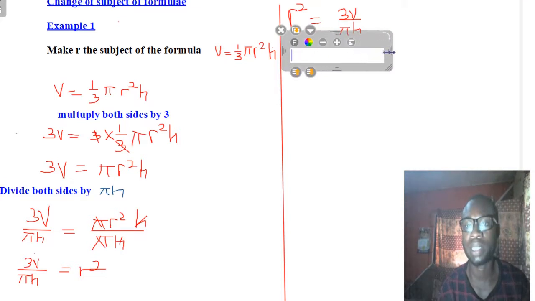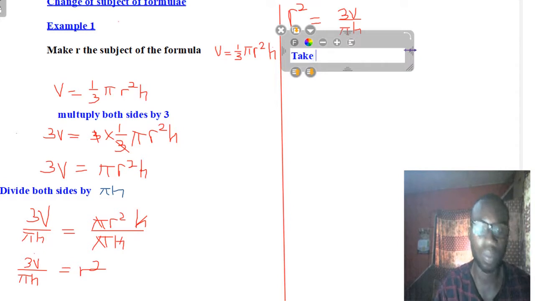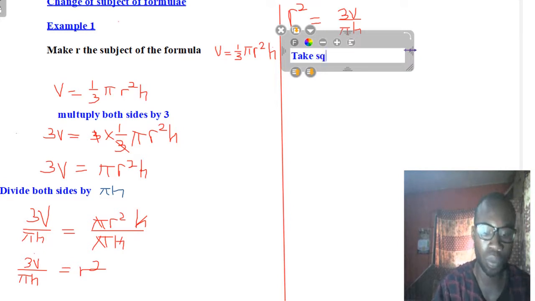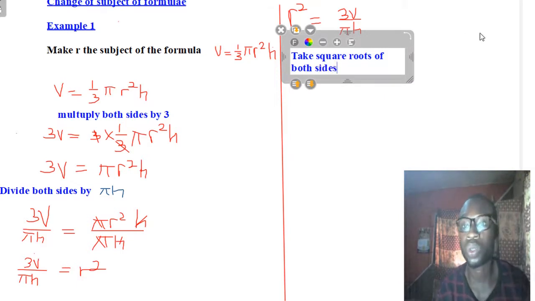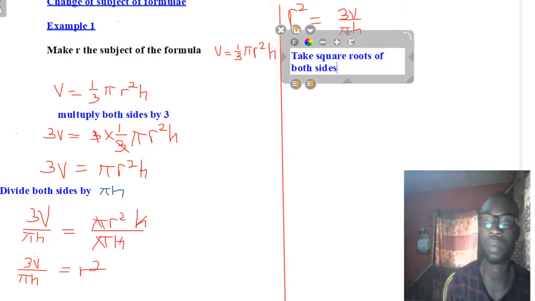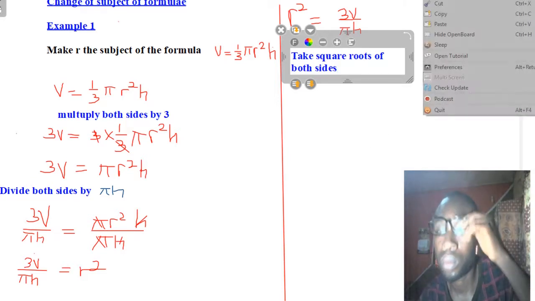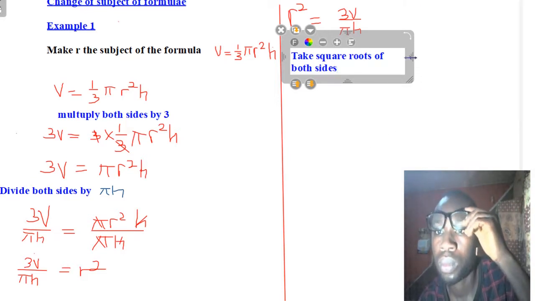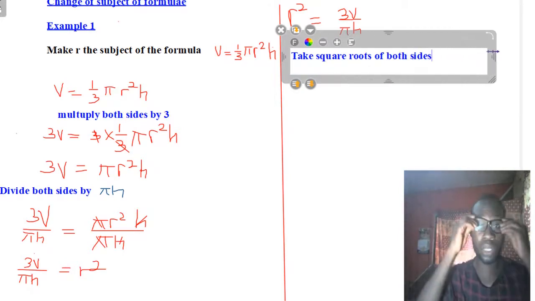So I want to write that step. So let's take square root of both sides.